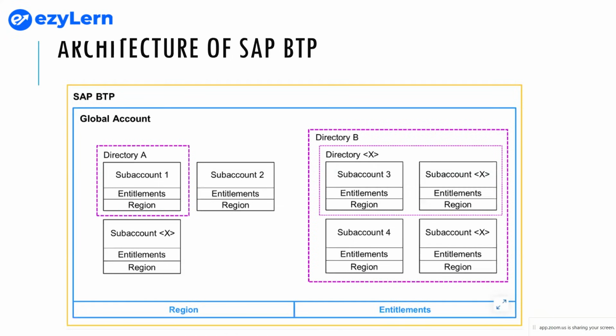Whatever you are entitled to, you are using it. Even if you have purchased something and it is not getting used, you have to highlight that as well. That this service has been purchased from SAP, however, it is not getting used. So let us know whether you want to continue with this service, or you can also ask SAP to get that service discontinued, so that you can save the cost.